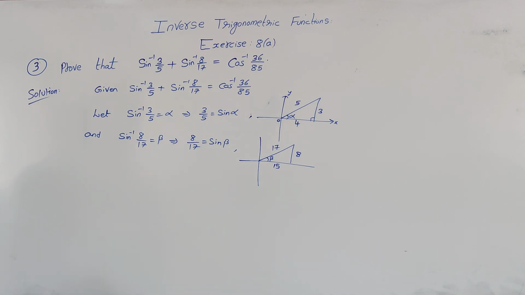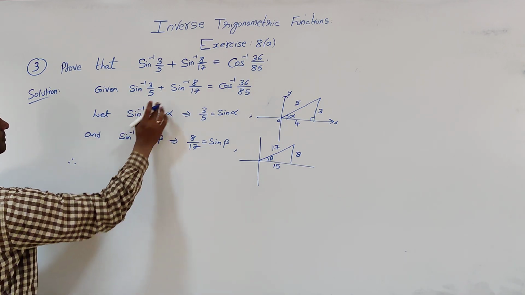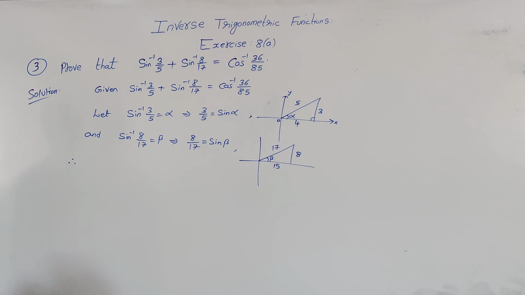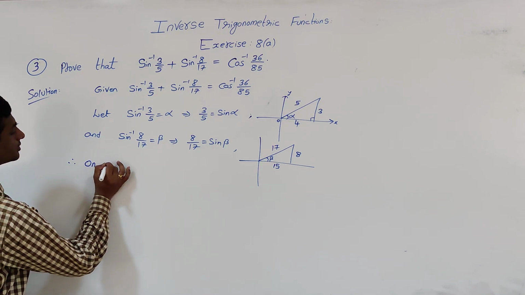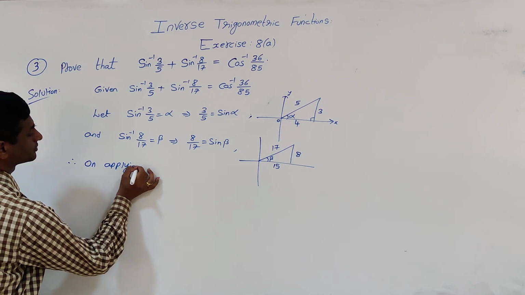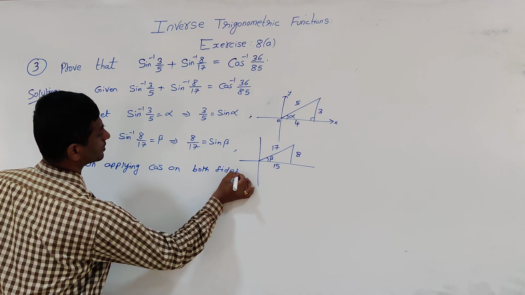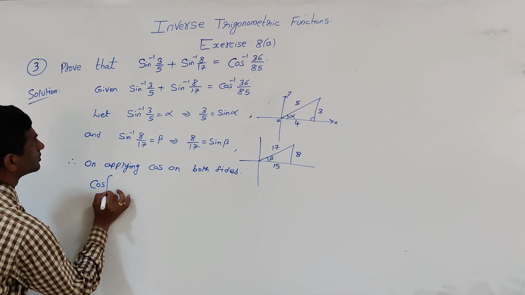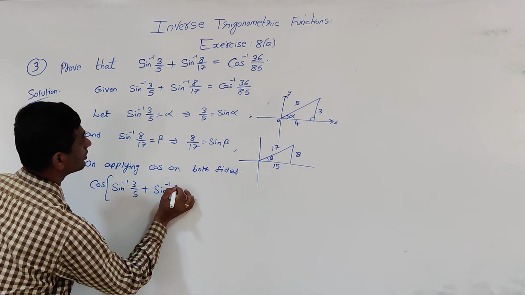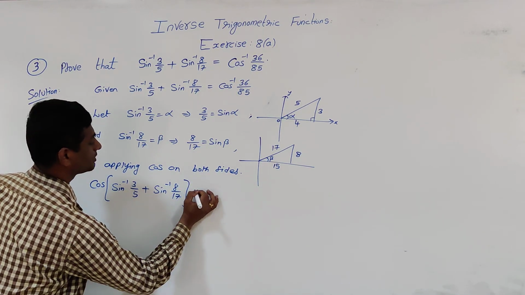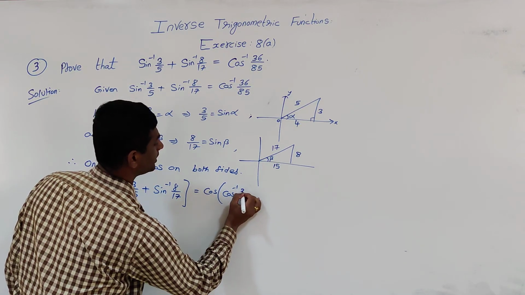Next. Therefore, alpha plus beta is equal to cos inverse of 36 by 85. On applying cos on both sides, cos of sin inverse of 3 by 5 plus sin inverse of 8 by 17 is equal to 36 by 85.